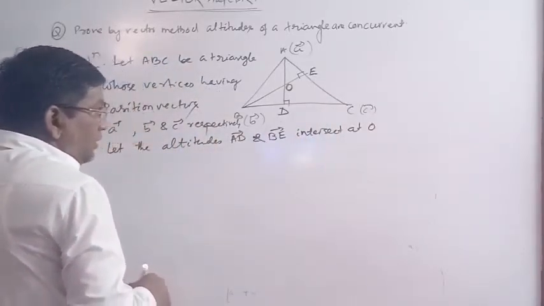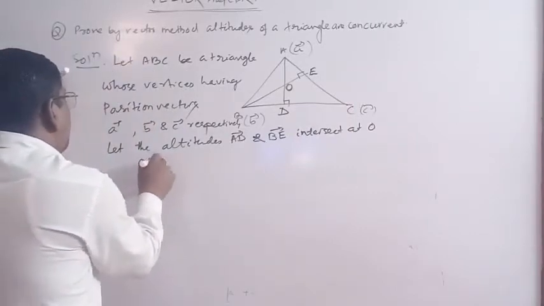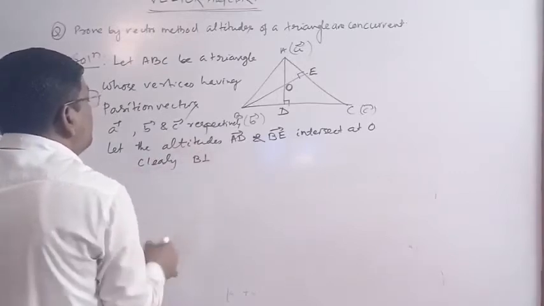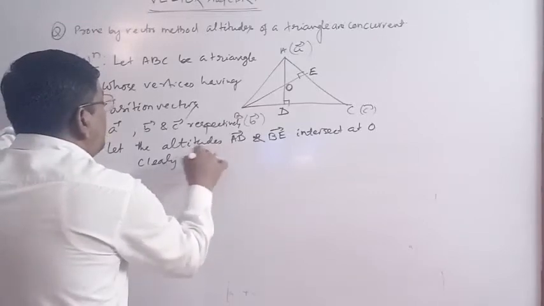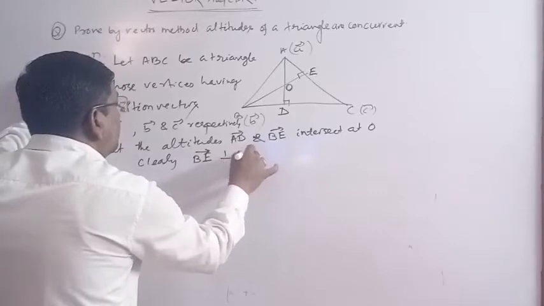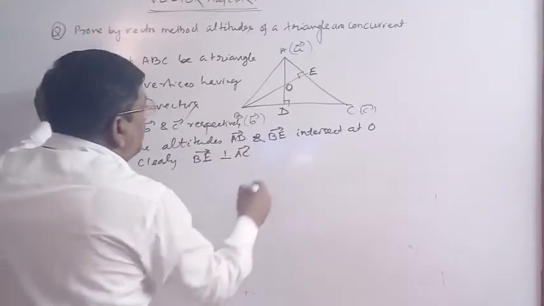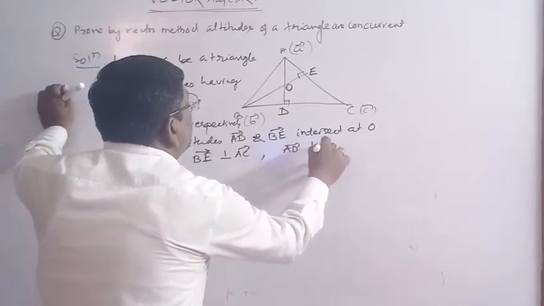Okay, clearly BE is perpendicular to AC and AD is perpendicular to BC.